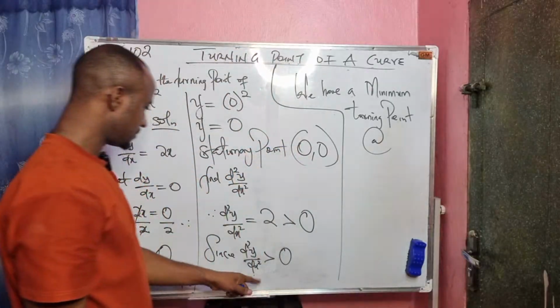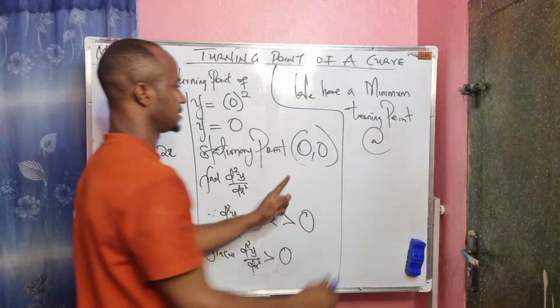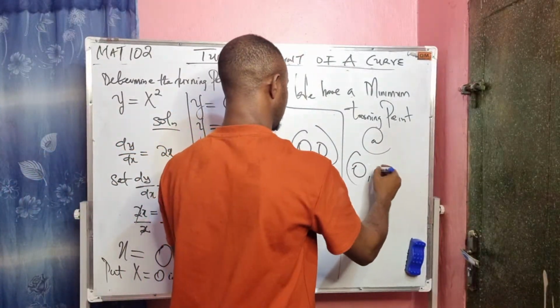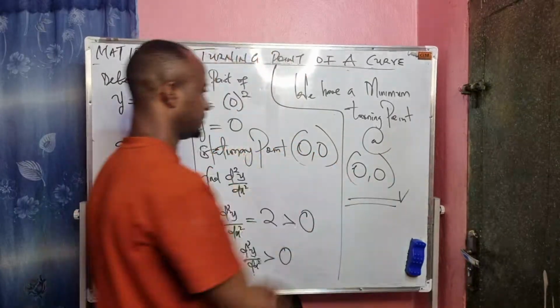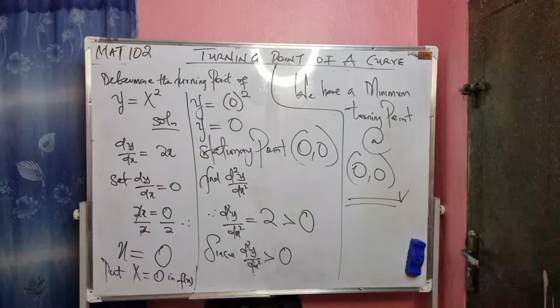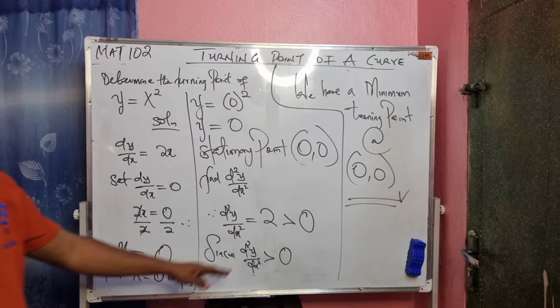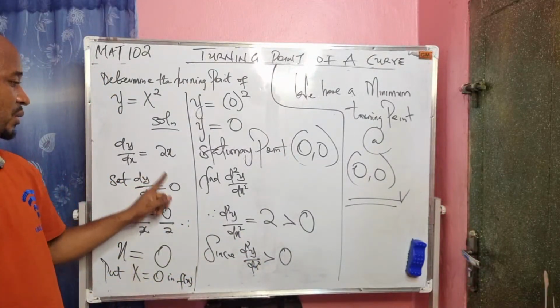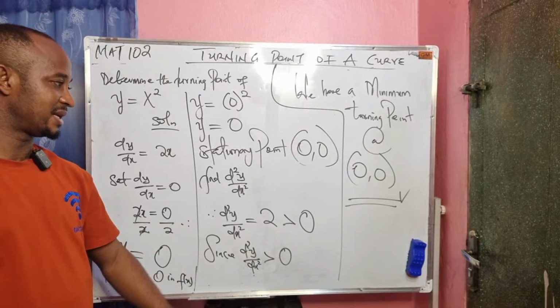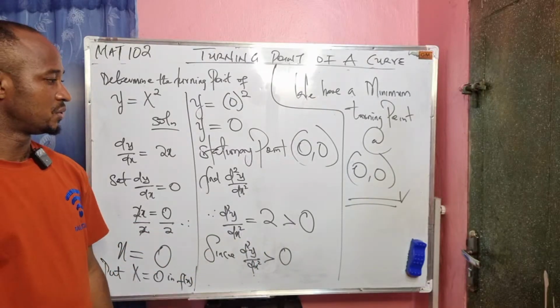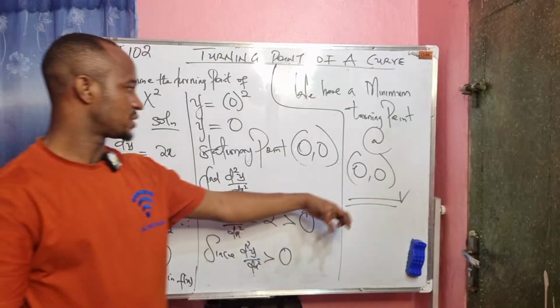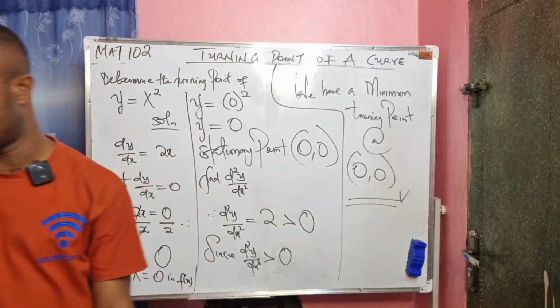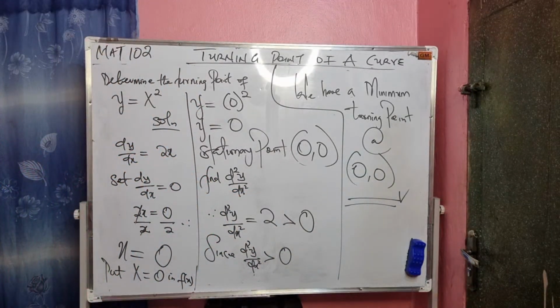At what point? At 0, 0. Very important. At 0, 0. Since the second derivative of this function, when we differentiate it further, is 2, and 2 is greater than 0, it means we have a minimum turning point. At what point? At 0, 0. I hope this is clear.